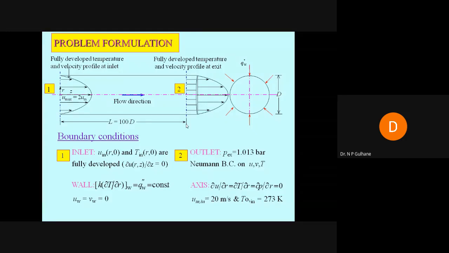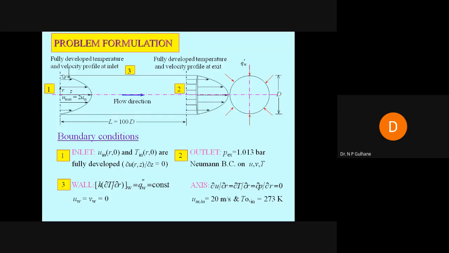So the Neumann boundary condition is applied on U, V, T, meaning the derivative of U with respect to Z, derivative of V, derivative of T, will be equal to 0. So that is the atmospheric condition, that is P is atmospheric, that is gauge pressure is 0. You know, it is a summation of atmospheric pressure plus gauge pressure.